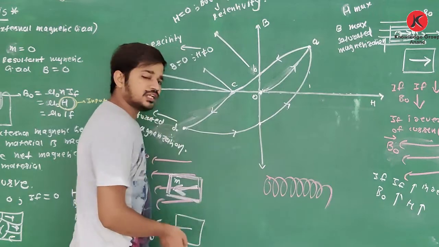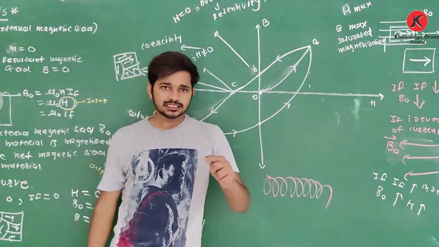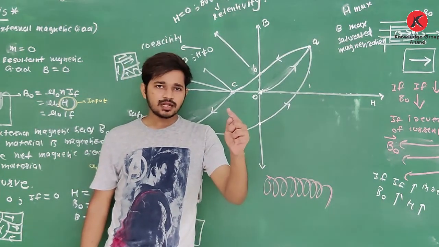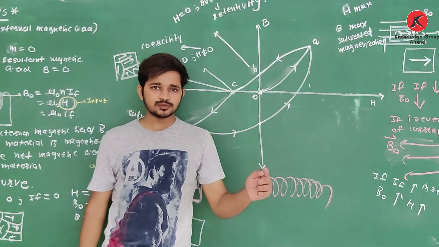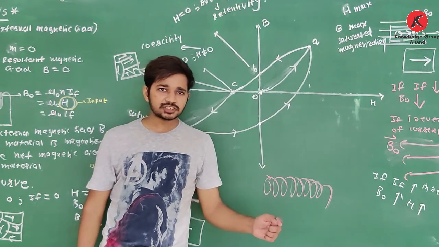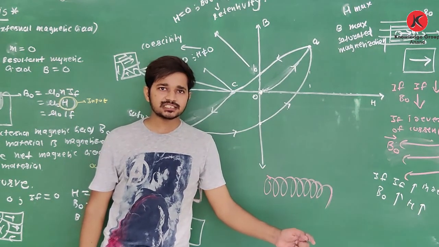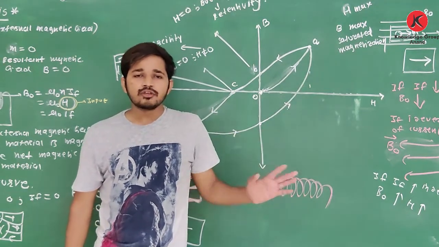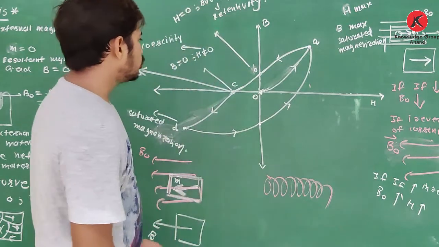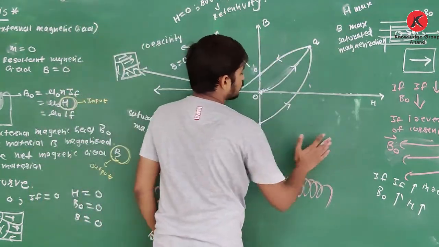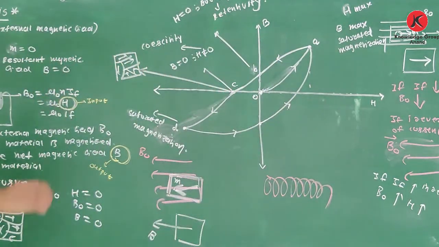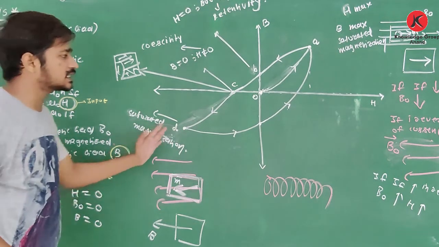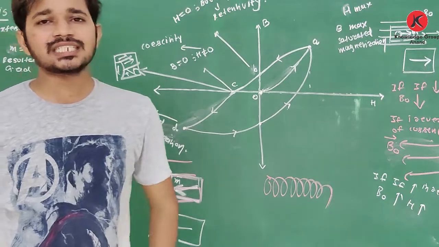Then current flows in one direction, increases, becomes maximum, then decreases, becomes zero. Then it reverses its direction, increases to maximum, decreases to zero. Then again it reverses its direction. For such a cycle, we have to plot a BH curve, and this BH curve is called the hysteresis cycle.